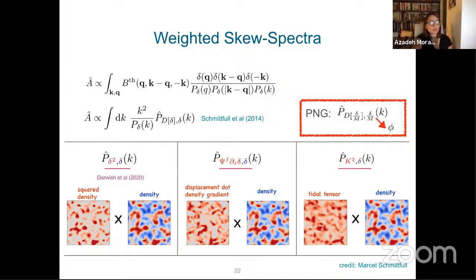Recently, it has also been proposed that instead of correlating this quadratic field with another density field and extracting 3-point function information, you can build a quadratic estimator in terms of these quadratic fields themselves, and then you can correlate quadratic fields with each other and with the linear density field, and in this way you can extract not only the information in the 3-point function but also the information in the 4-point function.